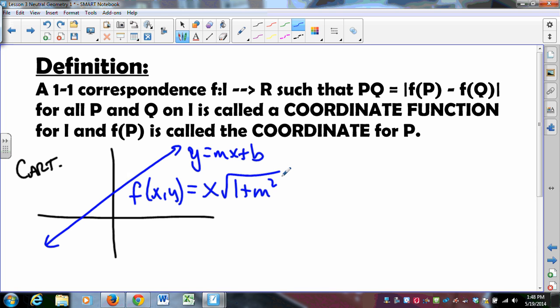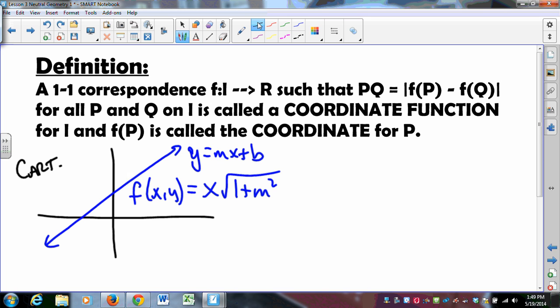I'll leave that dangling on purpose. But if you were to take 2 points P and Q on that line, the distance between them would be the absolute value of the differences of those coordinates. If you have a vertical line, you just let the y coordinate be the coordinate. That's sort of why it's called a coordinate.